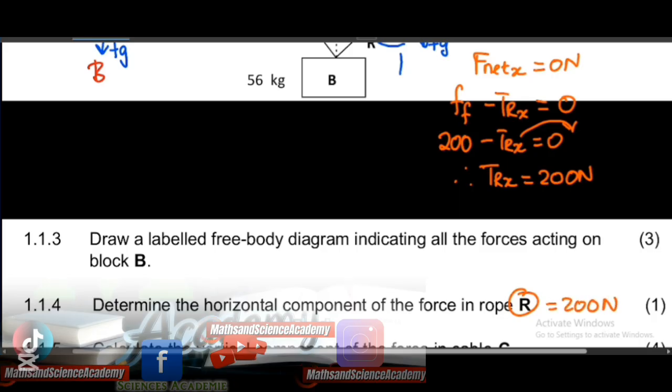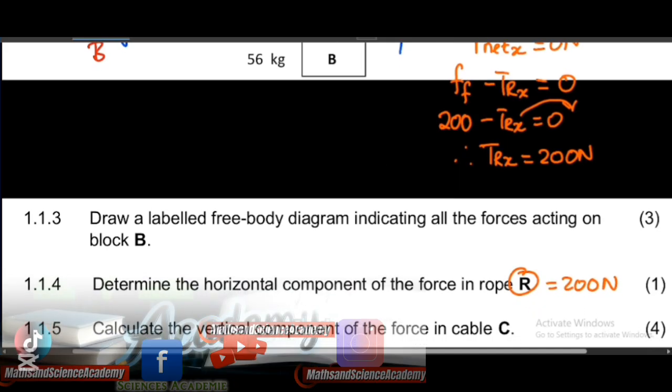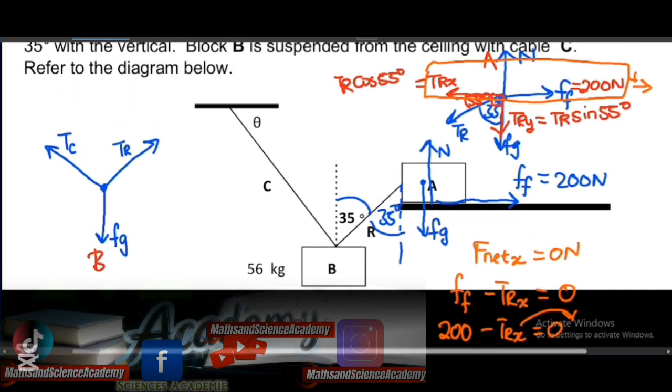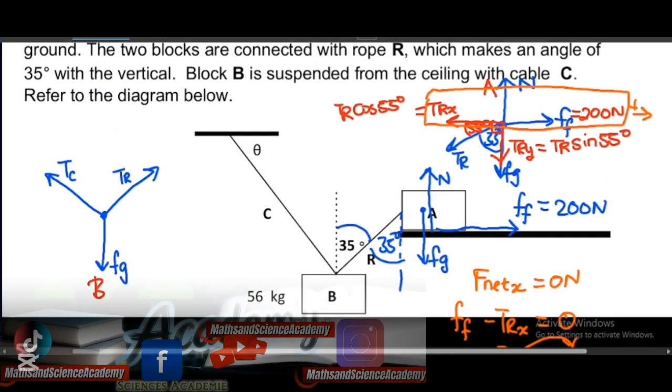Now calculate the vertical component of cable C. Instead of using block A, we'll now use block B. We'll now use this block here. In this block, I'm going to do components also.